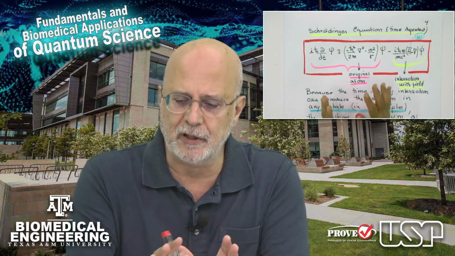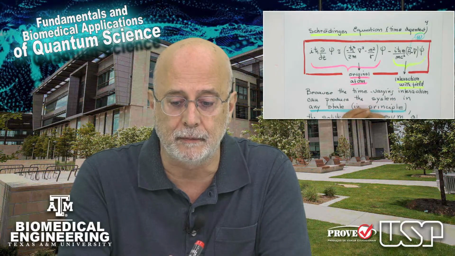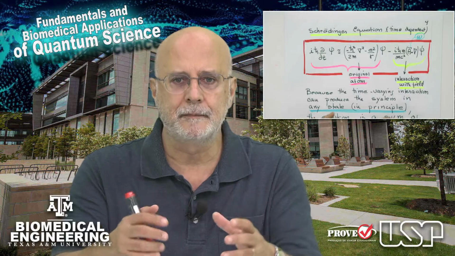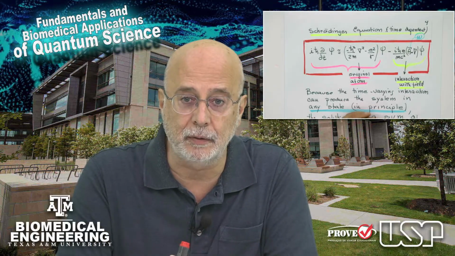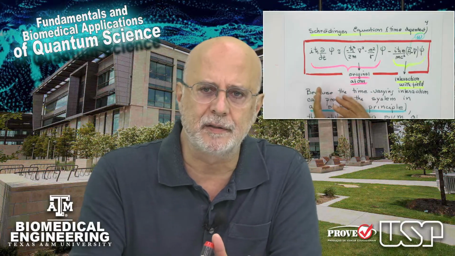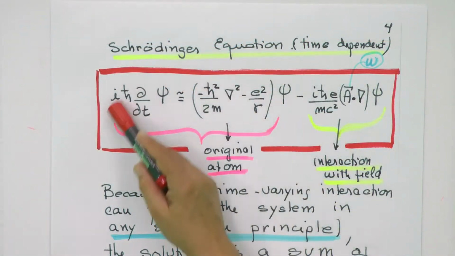But in a first approach, we consider only the charge of the electron, and we were able to compose a kind of equation, which is the wave equation, but now having two parts. One part which is dealing with the original atom.